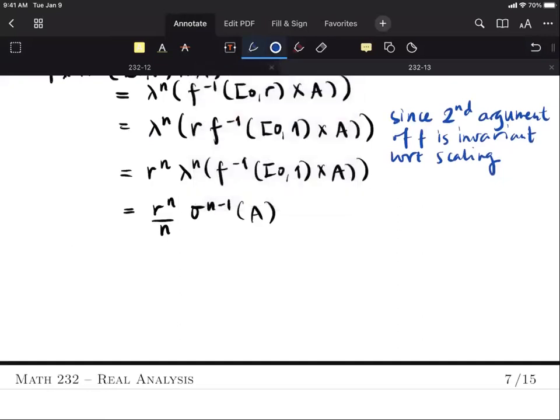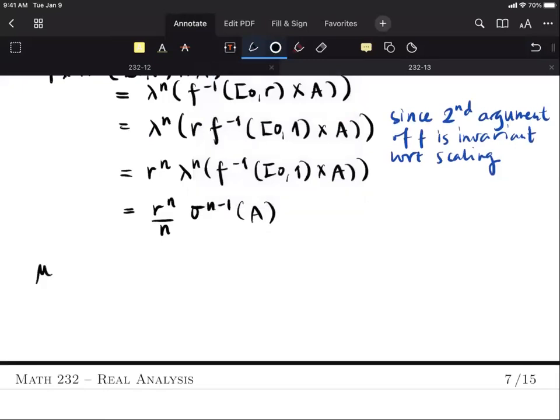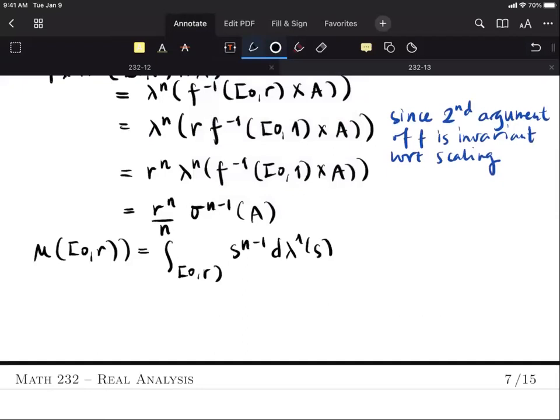So take note that the measure of this, according to the definition of mu, has a density r to the n minus 1, but since this is r, we use a different variable, say s, d lambda 1 s.